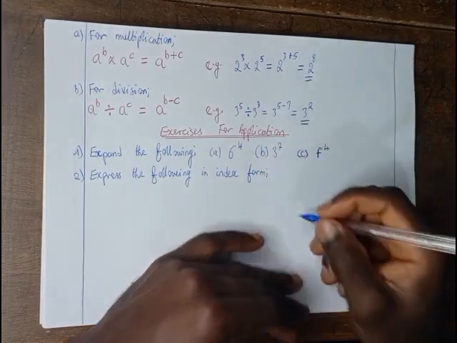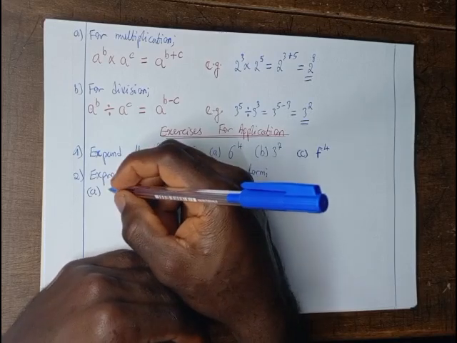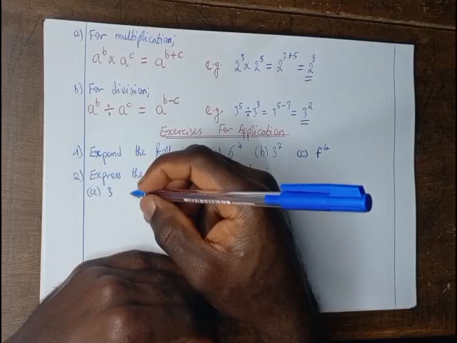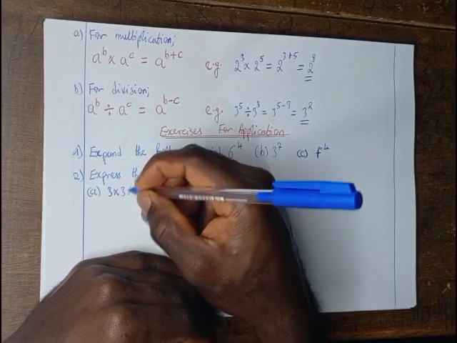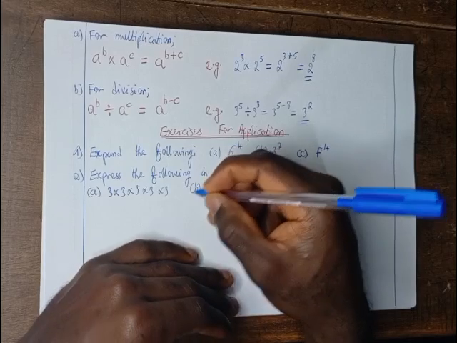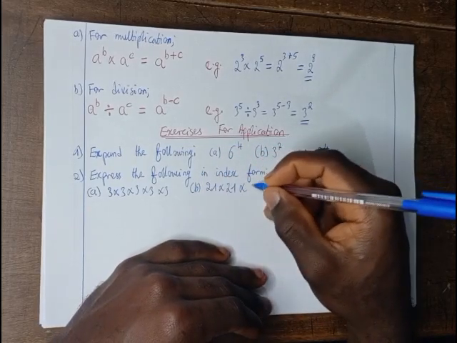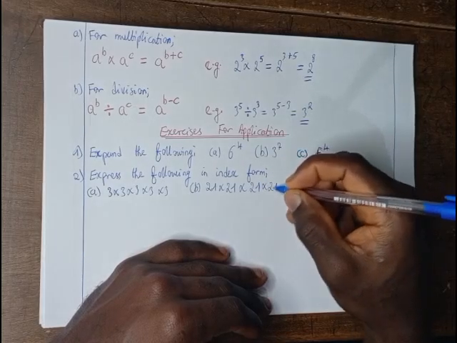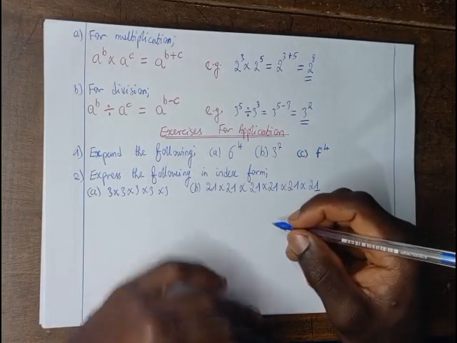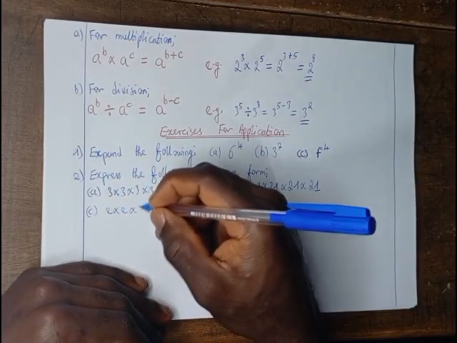We are treating this because we are going to make good use of it, especially when we will be treating HCFs and LCM. For B, we have 21 times 21 times 21 times 21 times 21 times 21. And lastly, for C, we have e times e.